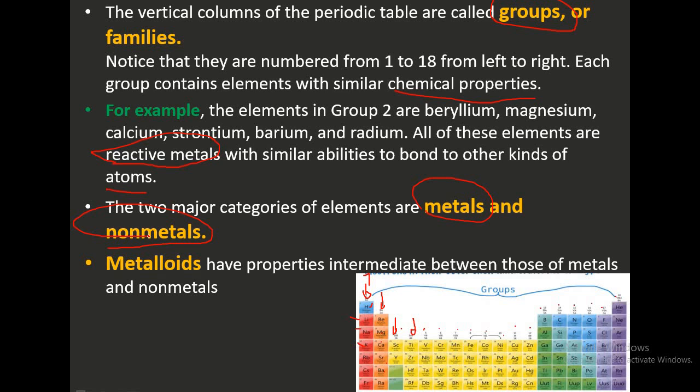The third one, metalloids, have properties intermediate between those of metals and non-metals.